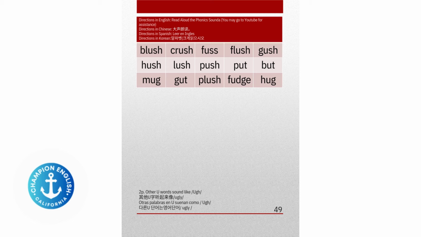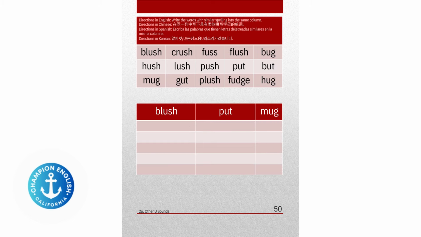Very good job, students. Now go ahead and practice those sounds 3 times by yourself or with a partner. Now that you've done that part, we're going to put the words in the right column with the same sounds. Can you say that with me? Same sounds. So if the word ends with USH, try to only put the same words with USH in that column.